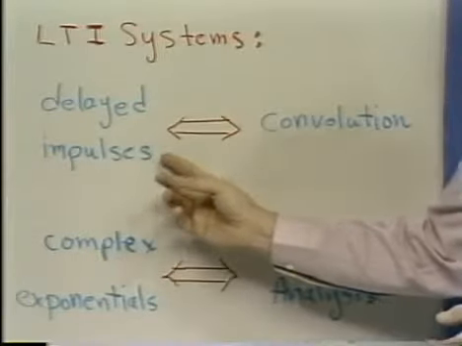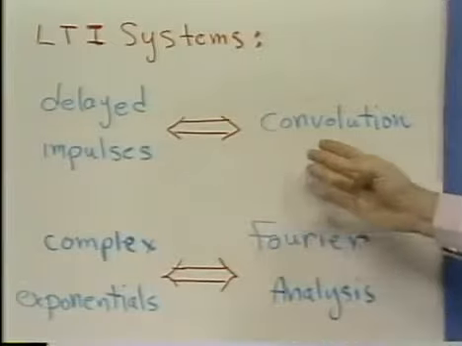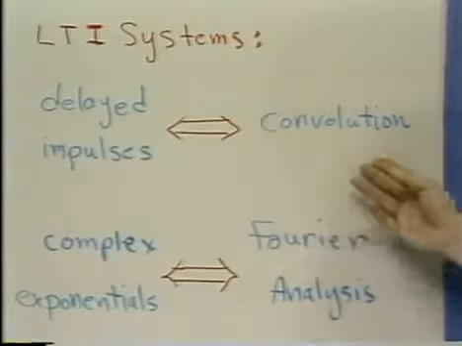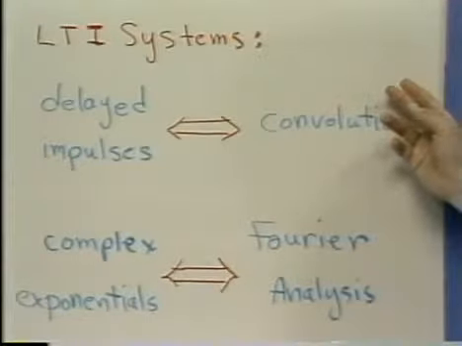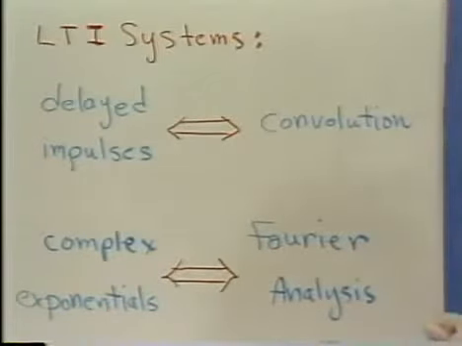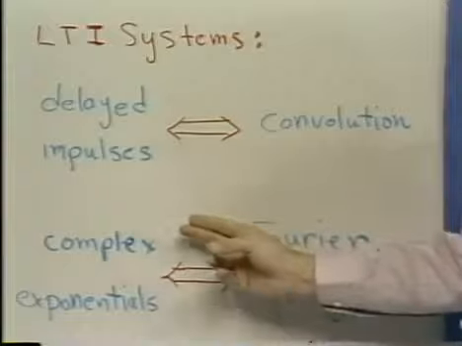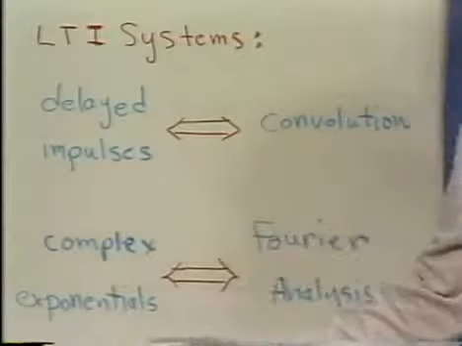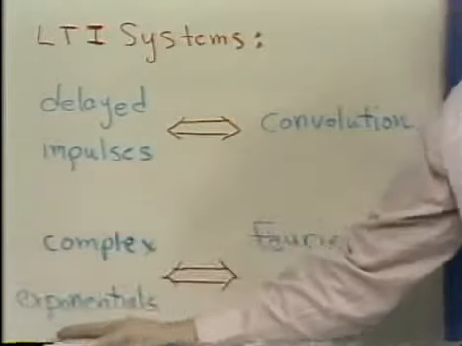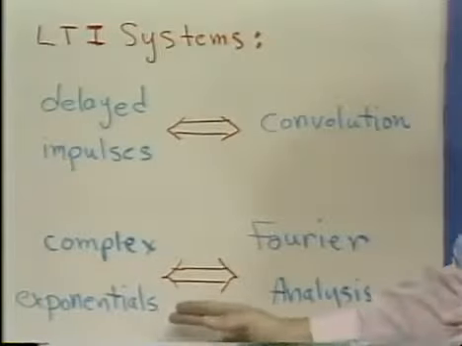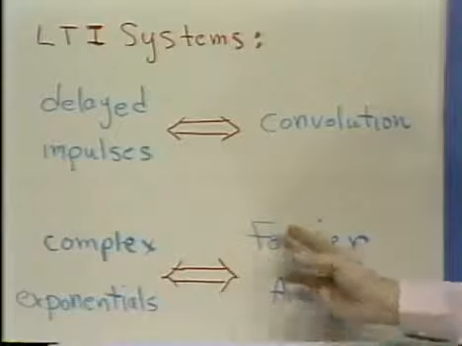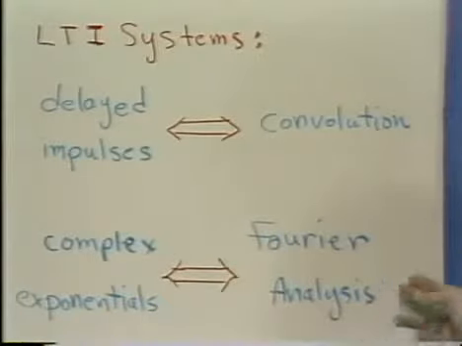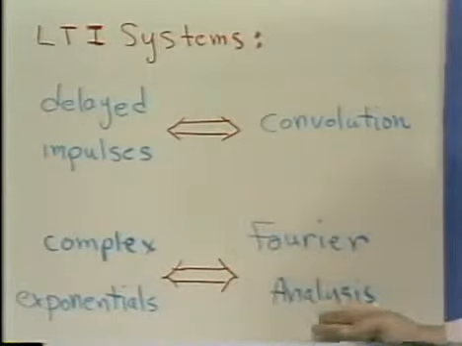And as we'll see, that leads to a representation for linear time invariant systems, which is referred to as convolution. A second is a decomposition of inputs into complex exponentials, a linear combination of complex exponentials, and that leads to a representation of signals and systems through what we'll refer to as Fourier analysis.